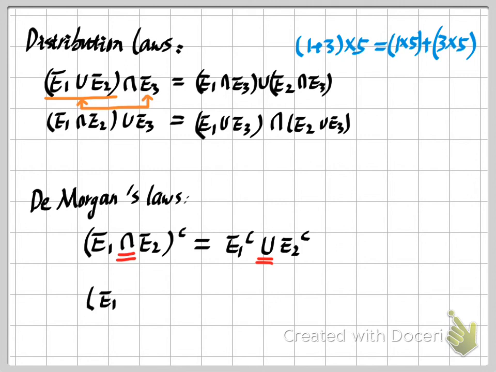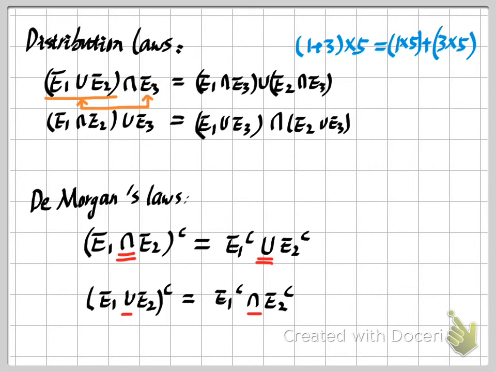Also, we have a similar one for the complement of a union. If the inside of the parentheses is a union on the left-hand side, then on the right-hand side it changes to intersection. We change these two operations from union to intersection.